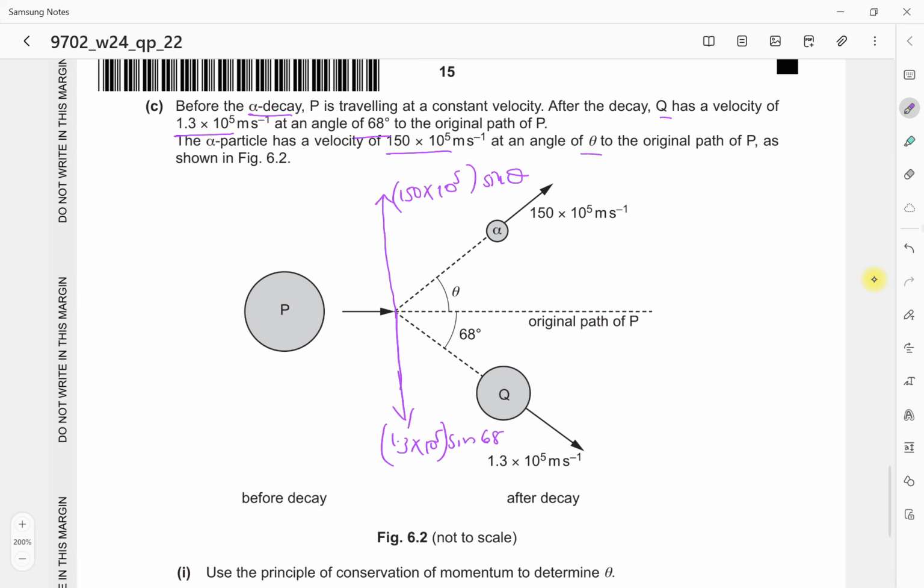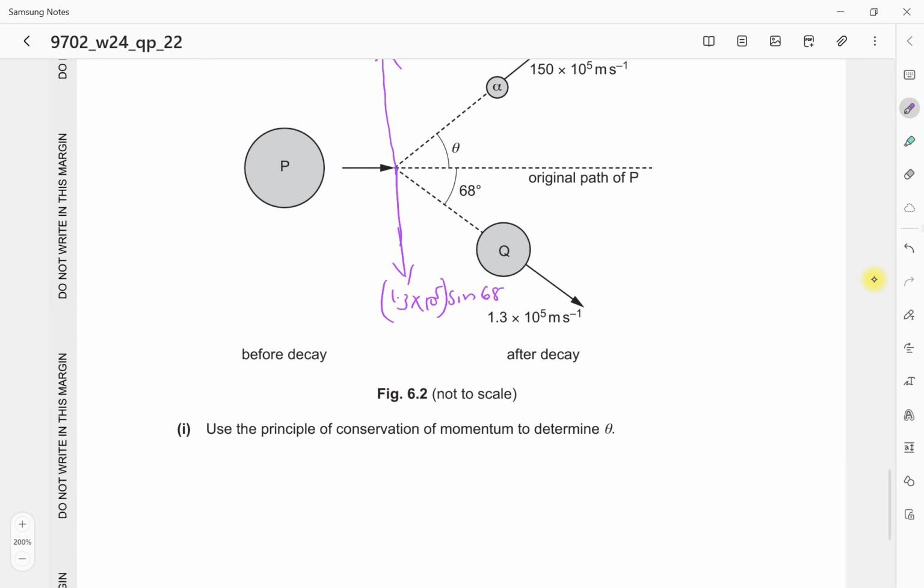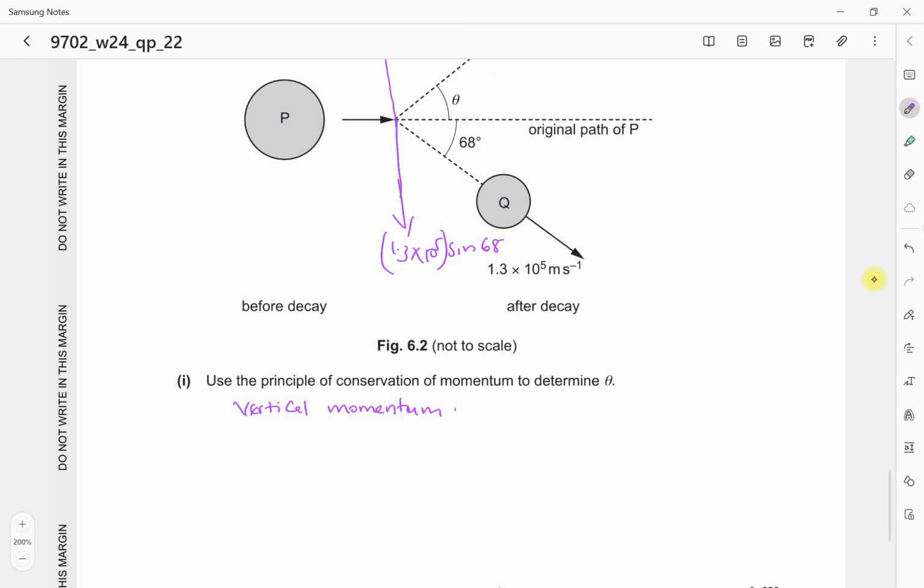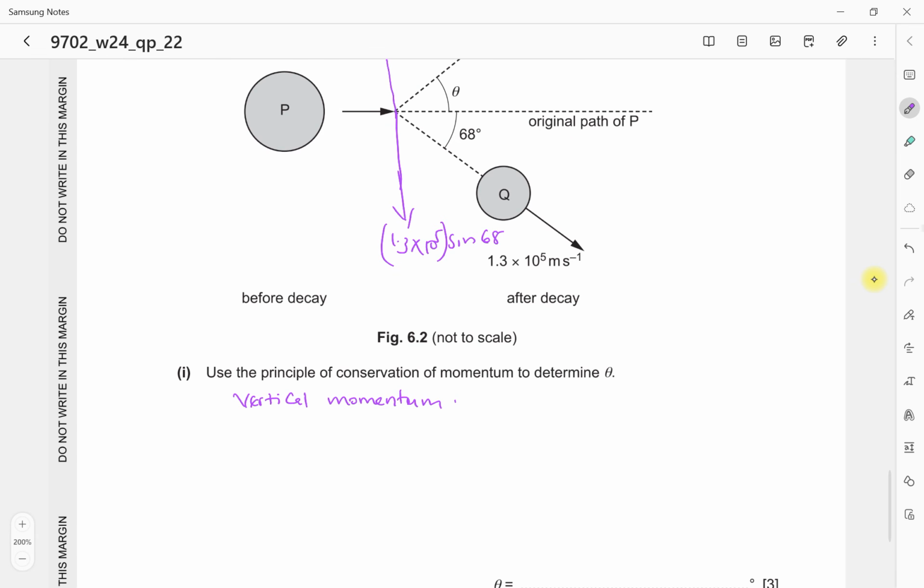Since there was no initial motion in the horizontal, the initial momentum in the horizontal is 0. Use the principle of conservation of momentum to determine theta. So I'm going to just consider vertical momentum. Considering vertical momentum, the total momentum before in the vertical was 0 because P was moving horizontally.